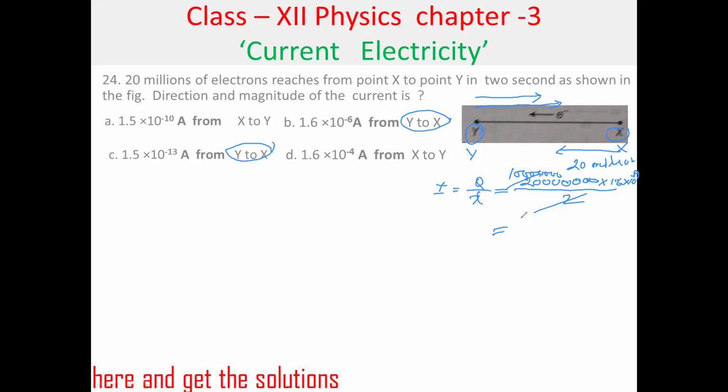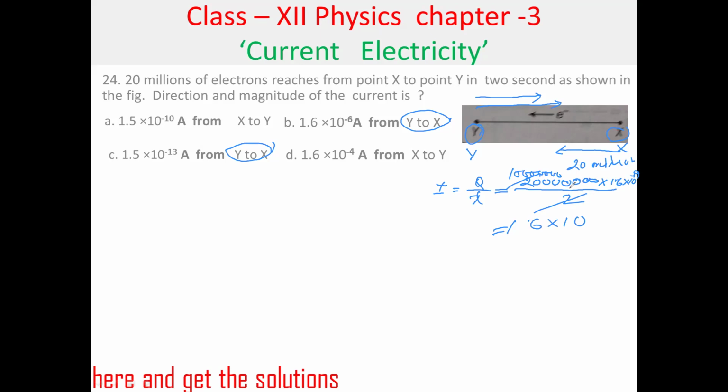So that is minus 19. So the answer will be 1.6 into 10 to the power minus what? Minus 19. यहाँ से 7 चल जाएगा, so 7 from minus 19 gives minus 12.